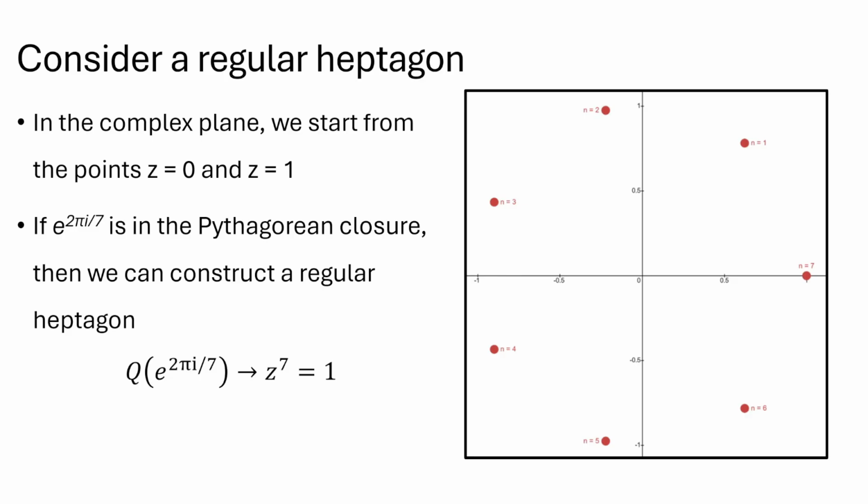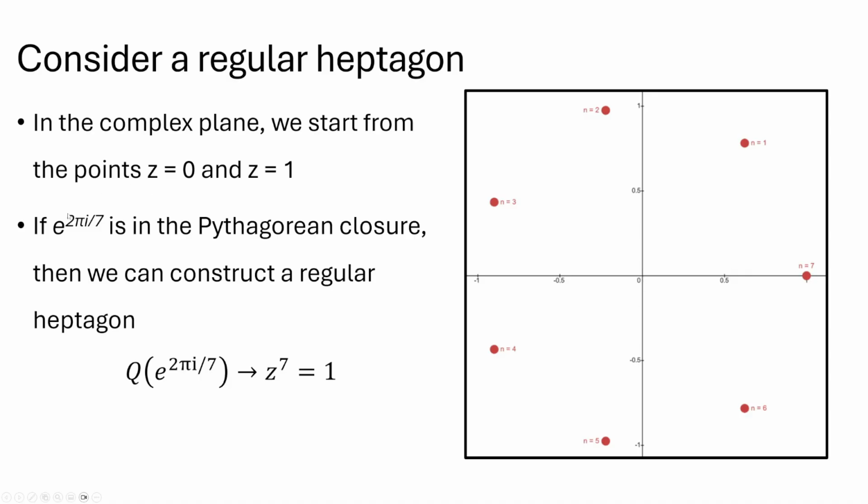So let's look back at a regular heptagon. As I said, this has to do with the complex plane, because the complex plane conveniently has 2 directions, x and y, or real, imaginary, whatever you want to call it. But point is, we're starting from 0 and 1.